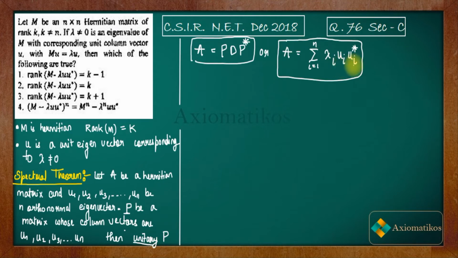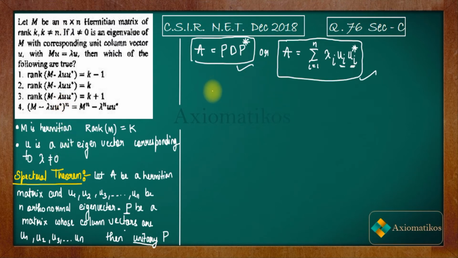What is ui star? It is actually these vectors. They are not just elements, they are vectors of n cross 1. So these two expressions we are getting from the spectral theorem. Now in the problem also we have this Hermitian matrix.